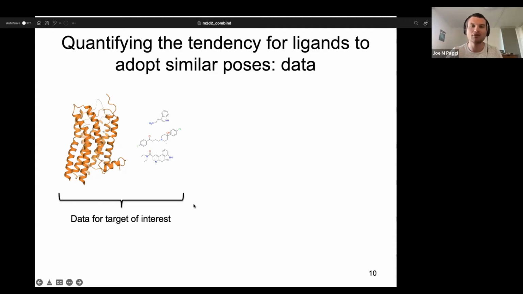The other problem is that even if we did know this information, we really wanted to focus on the regime where we have just a handful of known binders. So even if we had these labels, it's unlikely we'd be able to train a model that would generalize well for the data that we have.